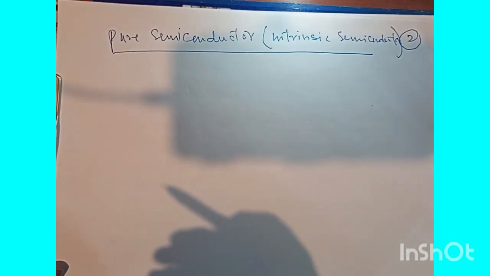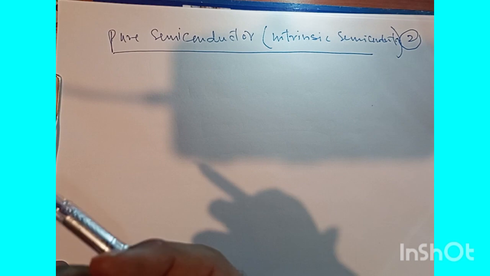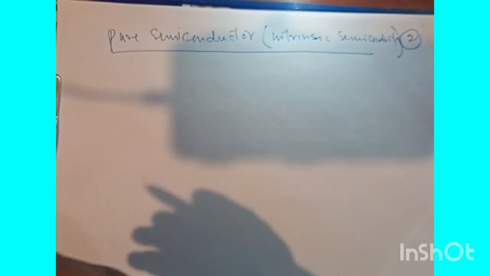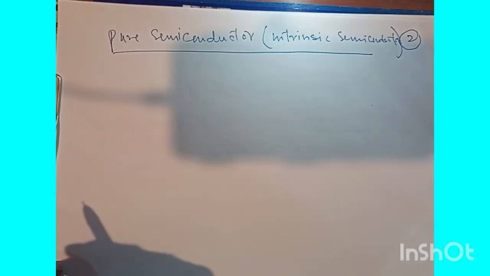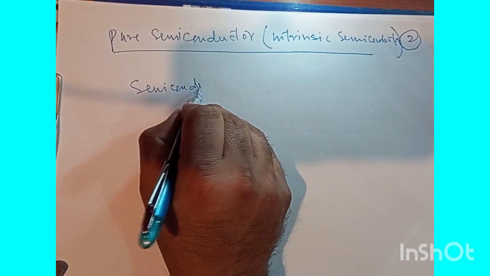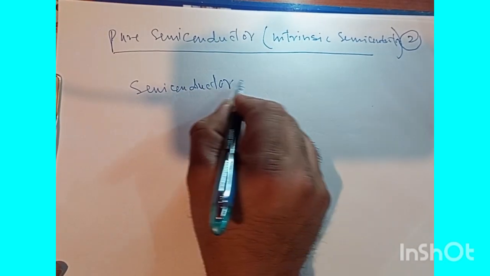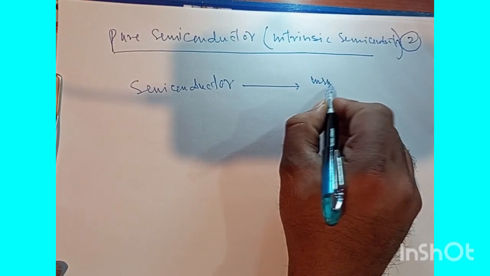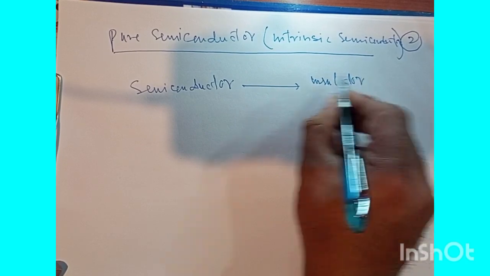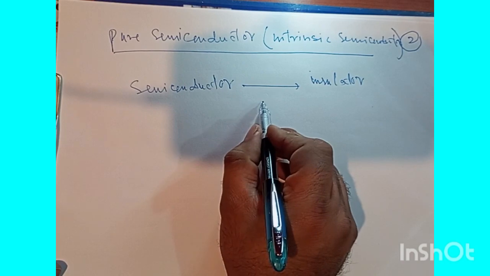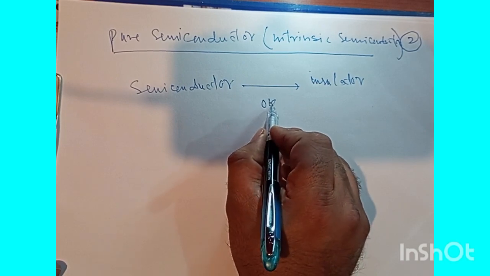But for the same material at absolute zero, at 0 Kelvin, the resistivity of most semiconductors approaches the resistivity of insulators. That means in most cases, the semiconductor behaves as an insulator as you move towards 0 Kelvin.